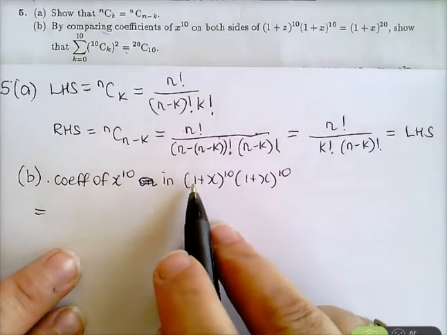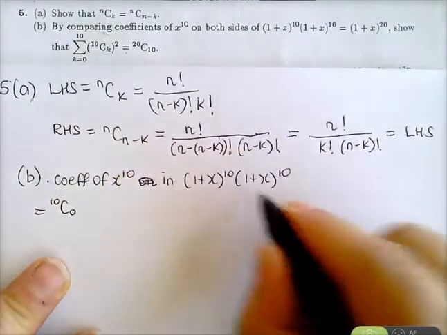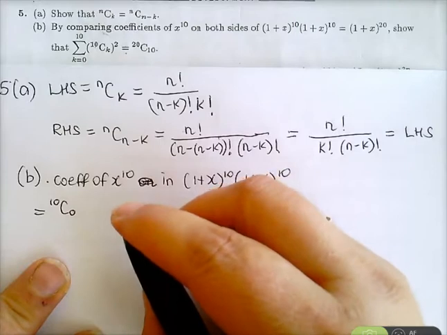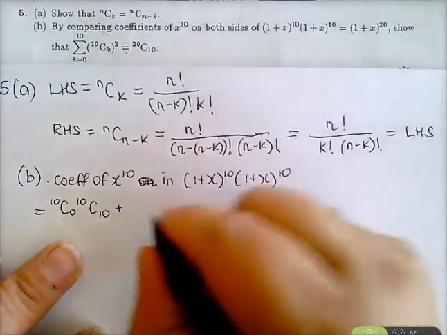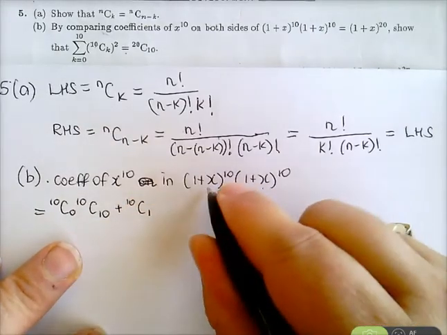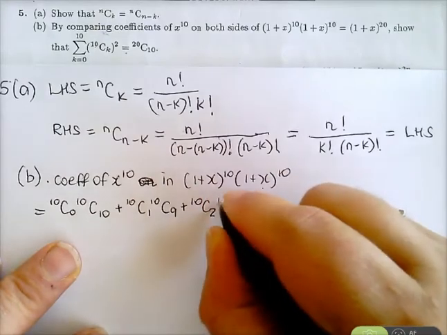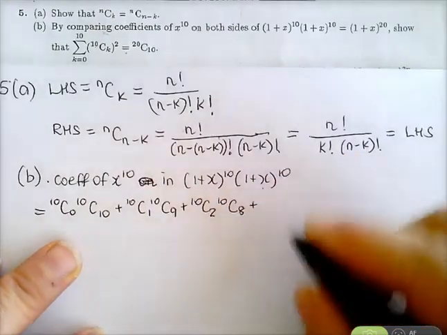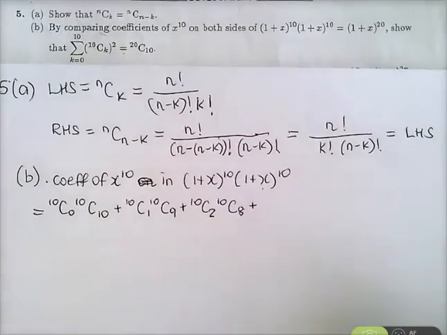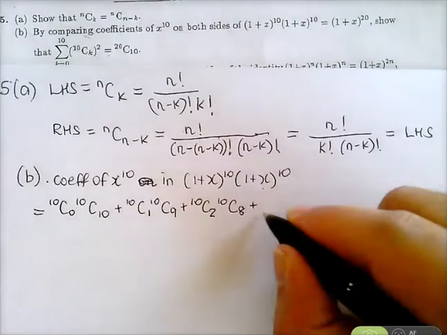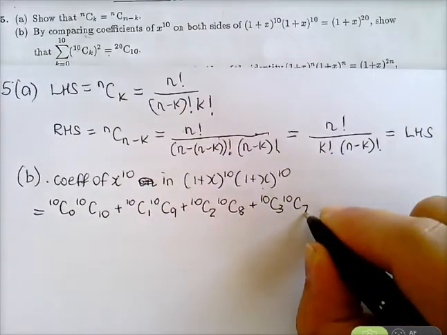So tell me what the first coefficient in x to the 10 would be. 10C0 times, in this one, 10 choose 10, thank you. Plus 10 choose 1 in this one times 10 choose 9. Plus 10 choose 2 times 10 choose 8. Plus 10 choose 3 times 10 choose 7.